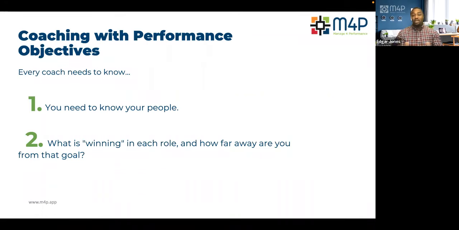So understanding your people and what they do well is critical when it comes to setting these objectives for that individual. So now that I understand this person, as a coach, I'm starting to set these goals for them. And I have to make sure that these are goals that we both can agree on. And once we agree on those goals, that gives the individual a sense of clarity and direction as far as what they need to be doing.